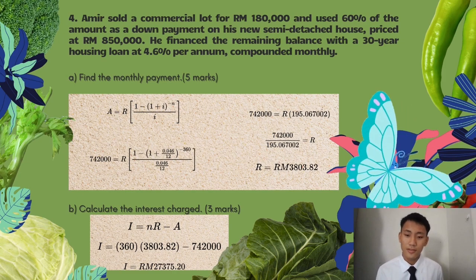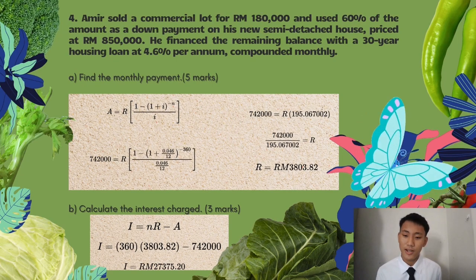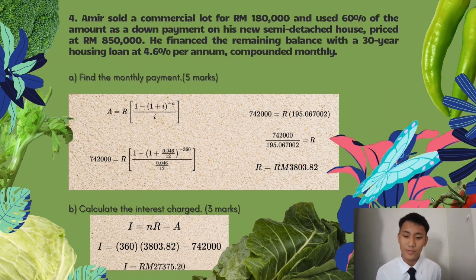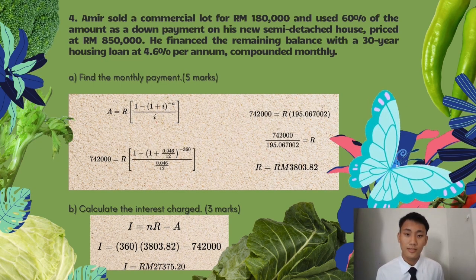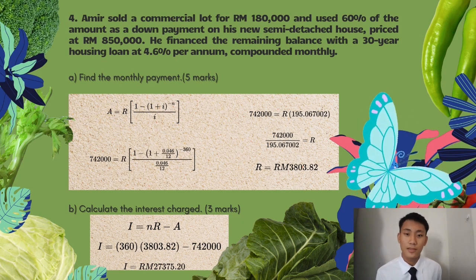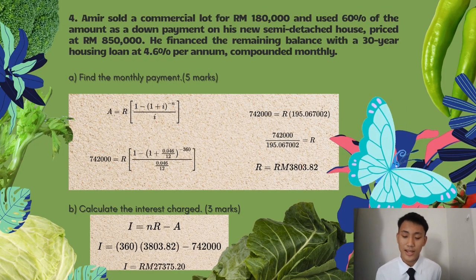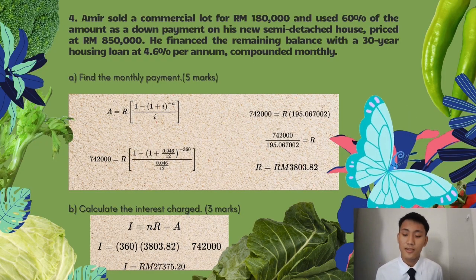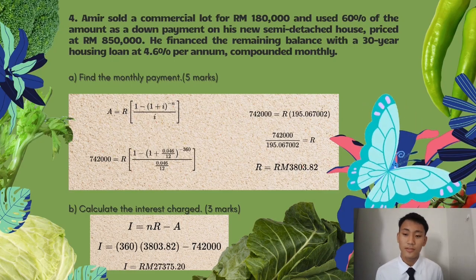So we put that into the formula, which is 740,000 equal to R in brackets 1 minus, bracket 1 plus 0.046 divided by 12, power of minus 360, and we divide all of that by 0.046 divided by 12. After calculating those in the bracket on the right, we will get 195.067002, which we will transfer to the left.